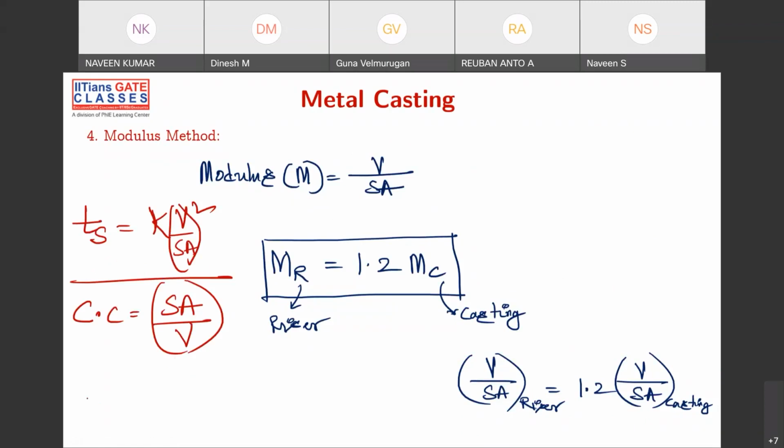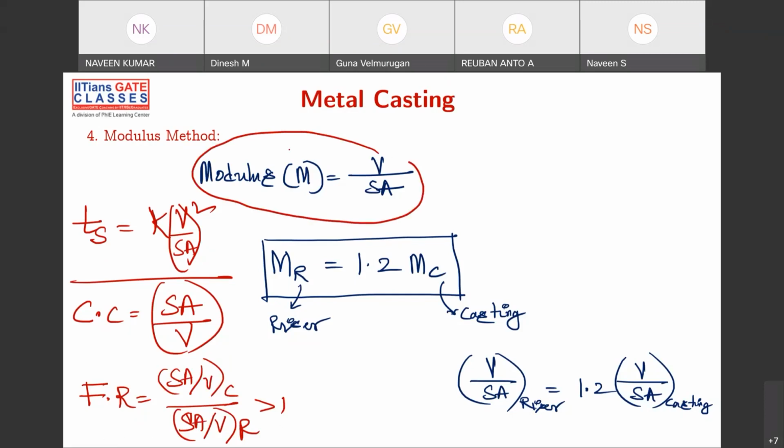Then we discussed freezing ratio, that is surface area by volume of casting divided by surface area by volume of riser, and it should always be greater than 1. And again we define modulus of casting as V by SA. Modulus of something is defined by V by SA.